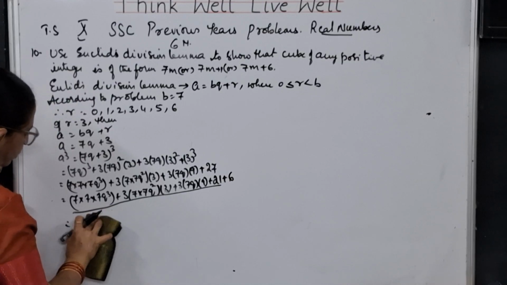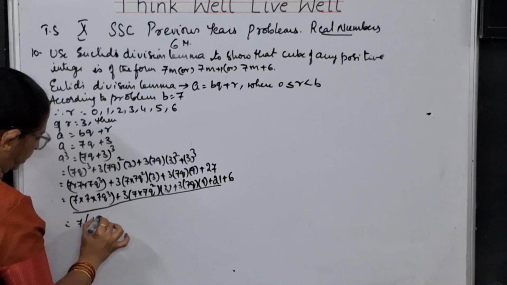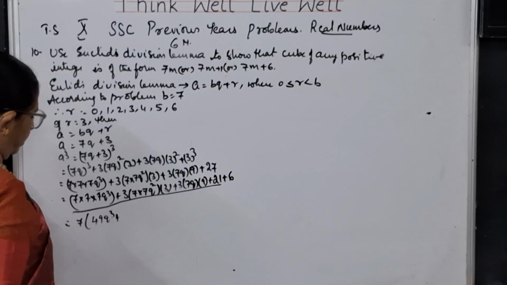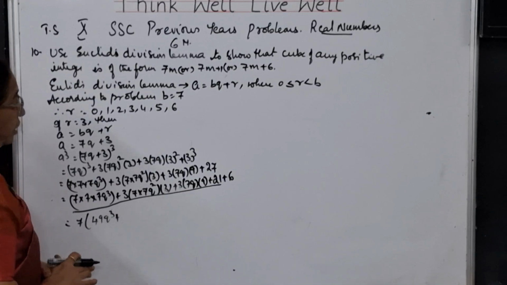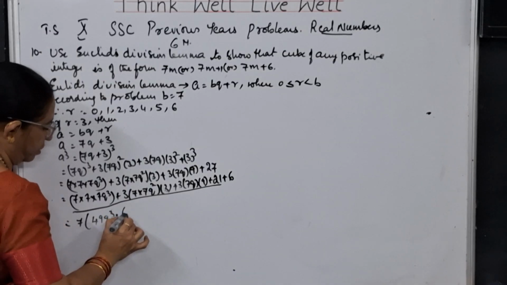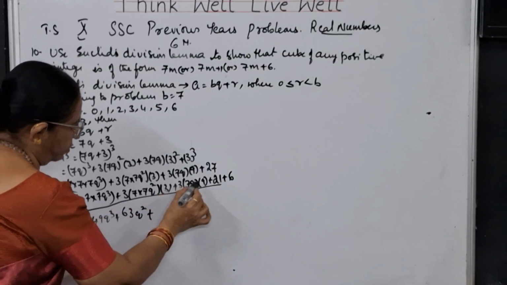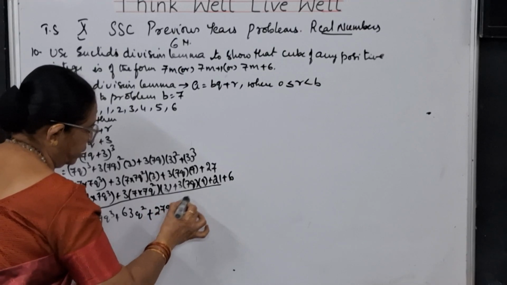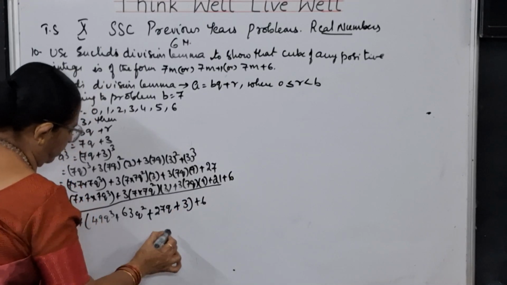So this is 49 q cube plus, 7 is out, 7 3s are 21, 21 into 3, that is 63, q square plus, 7 is out, 3 9s are 27q plus, 7 3s are 21, so 3 here, plus 6.